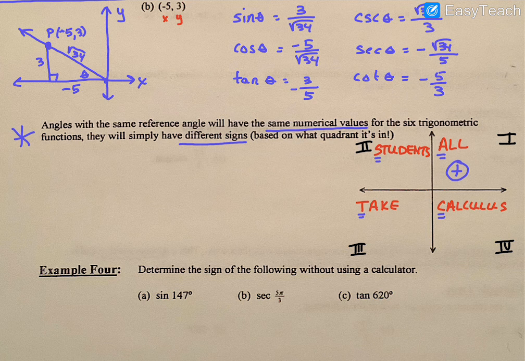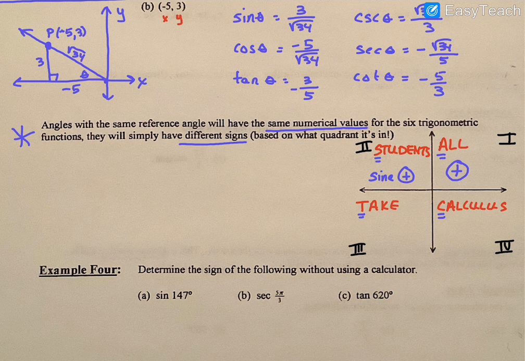Okay, in quadrant 2, students starts with S. So sine is positive. Now, when I say sine is positive, please assume that its reciprocal is positive. So sine and cosecant are positive. Everybody else is negative.